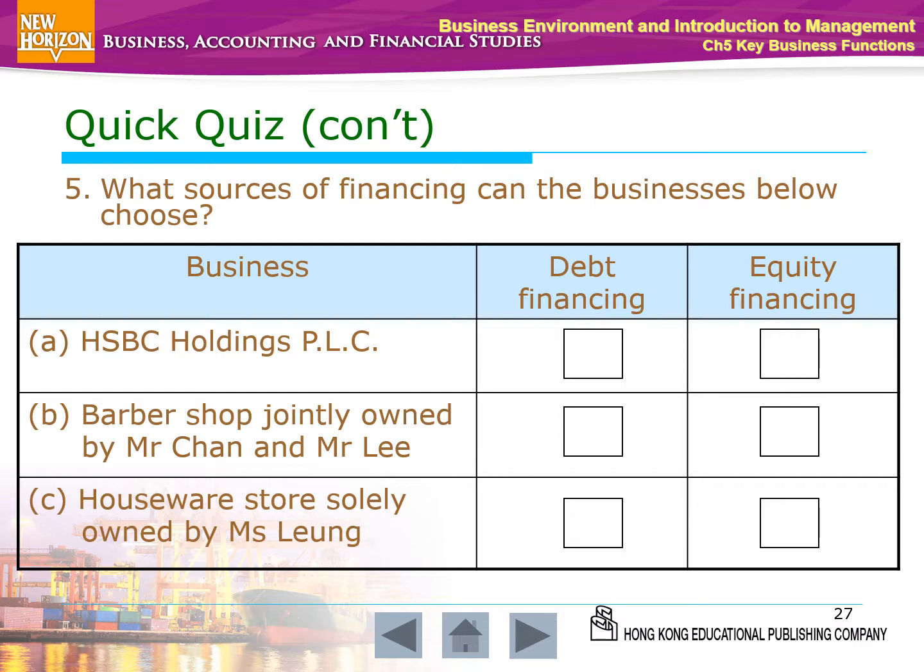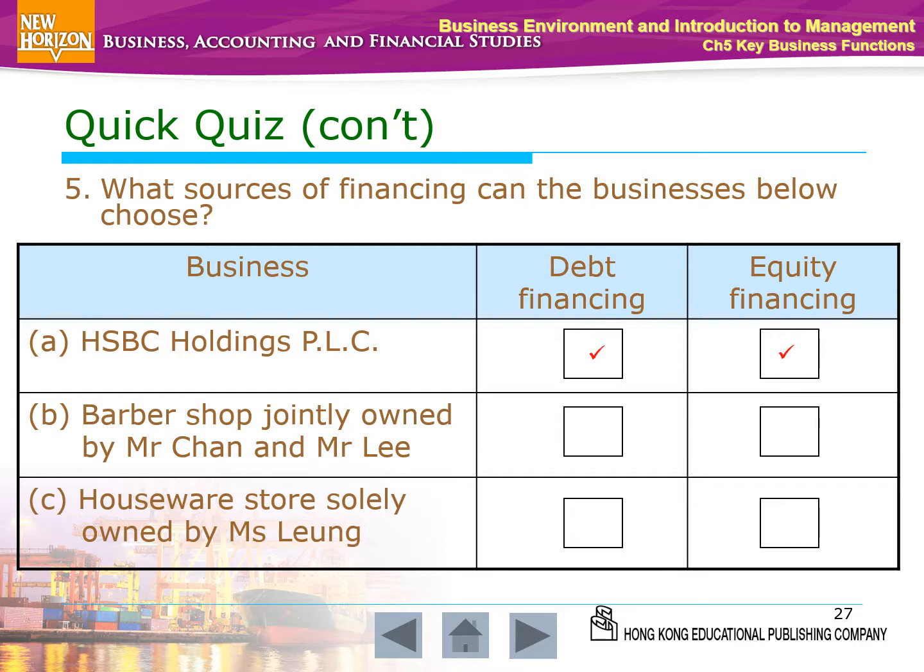A, HSBC Holdings, means Hong Kong Bank, okay, Hong Kong Shanghai Banking Corporation Holdings. PLC means public limited company. What kind of sources of finance will we use? It's very simple. Equity financing and debt financing.